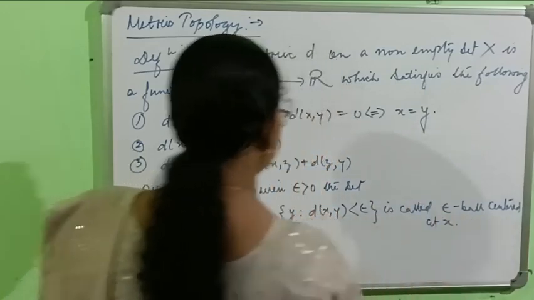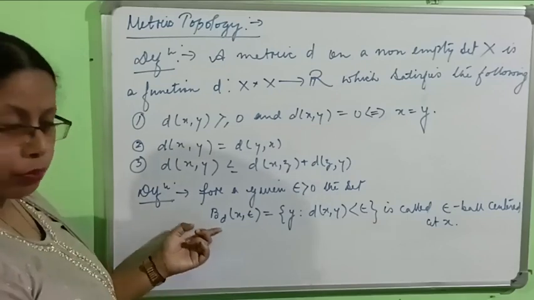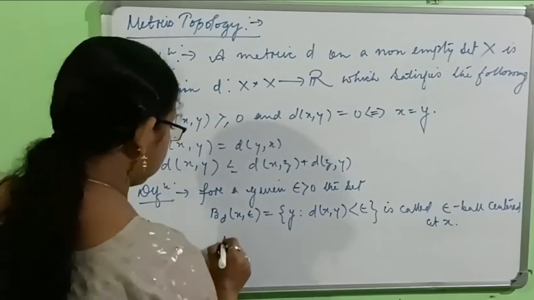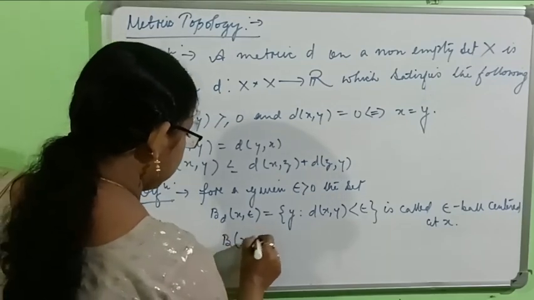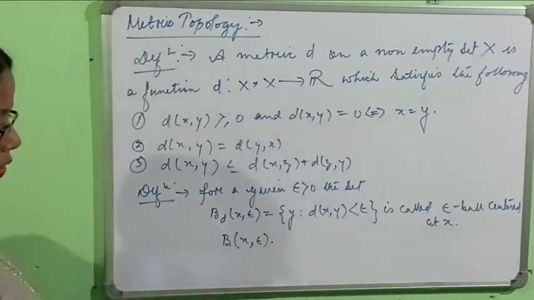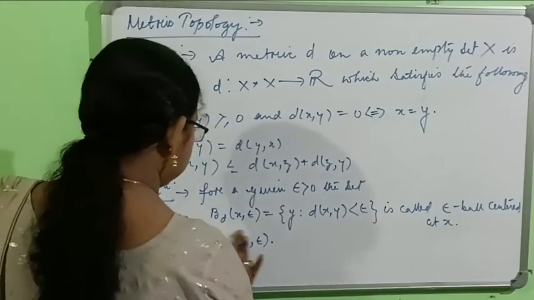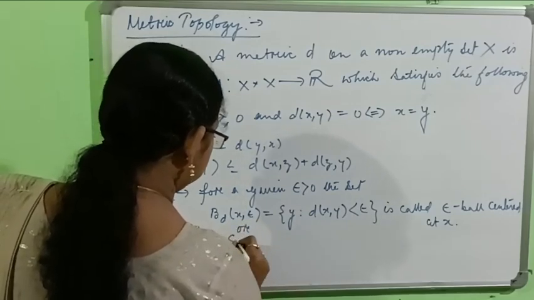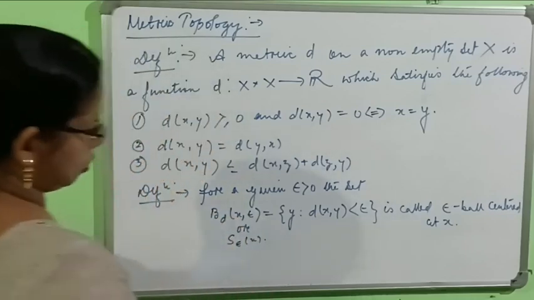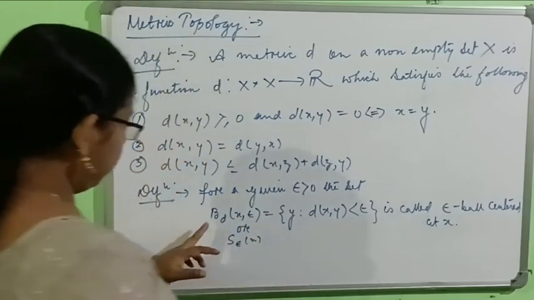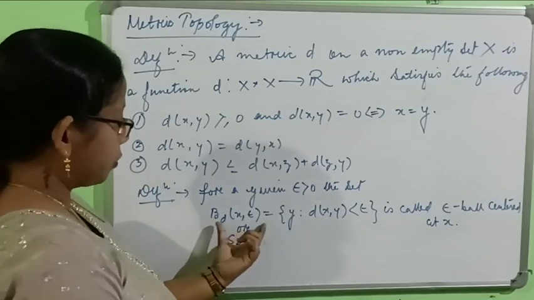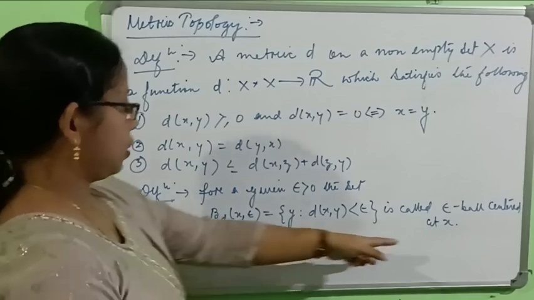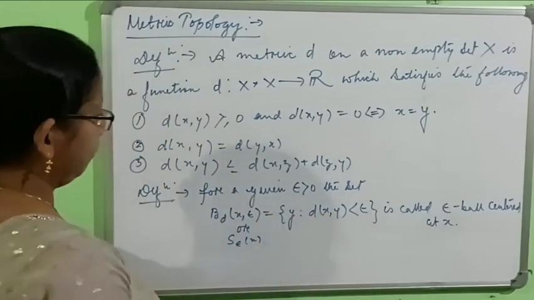We usually omit this d and represent the epsilon ball by B(x, epsilon). This is nothing but the open sphere in a metric space. Here in topology we call this the epsilon ball, that is, B is the epsilon ball with center at x.